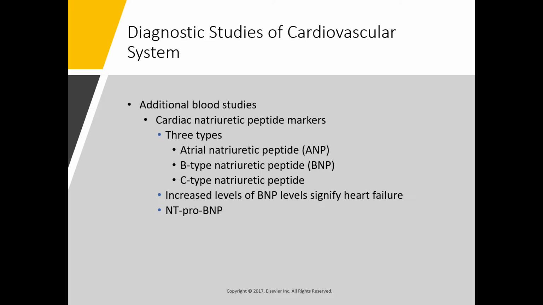And a lot of the research has said if your level is, let's say, above 400, you're going to be 8 times more likely to die in the next 1 to 5 years than people who have a BNP under 100, right? So keep that in mind.